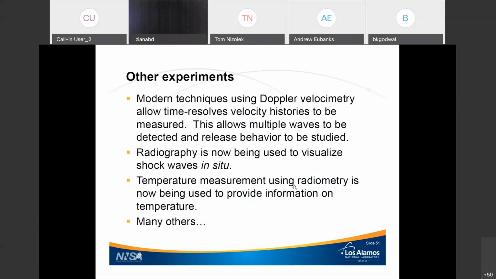There is another technique that has been used very infrequently because it requires accelerators.